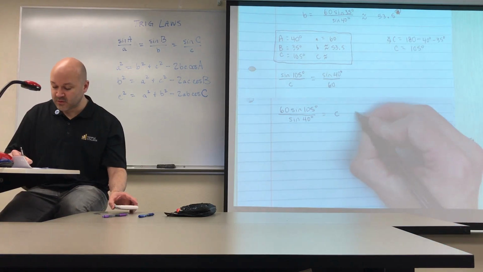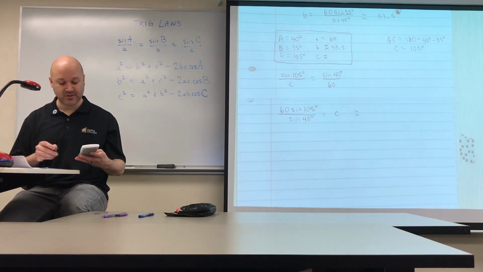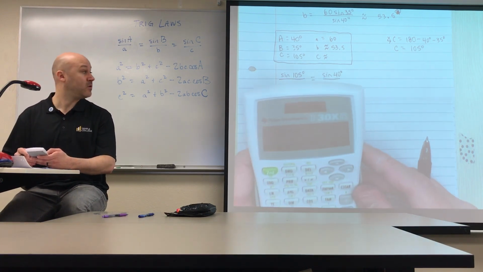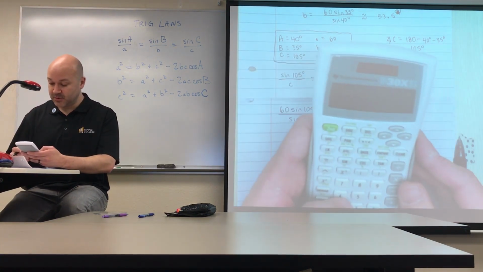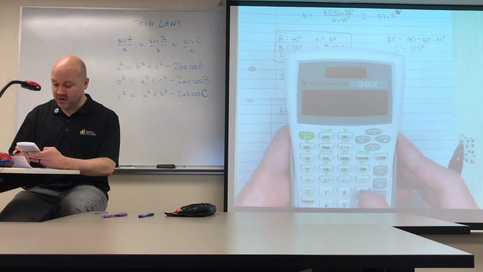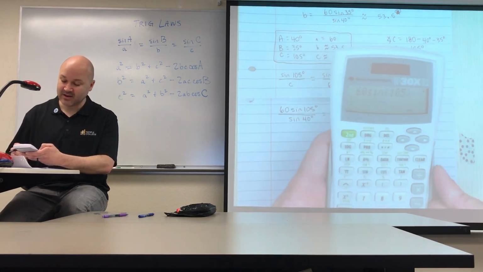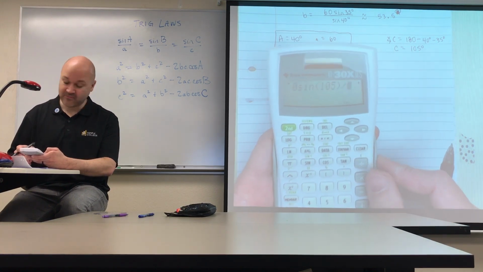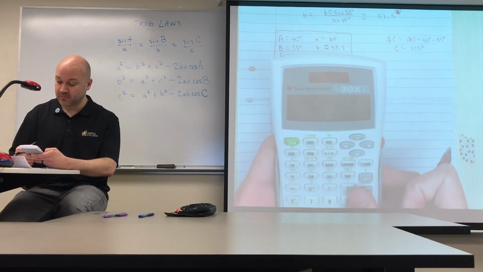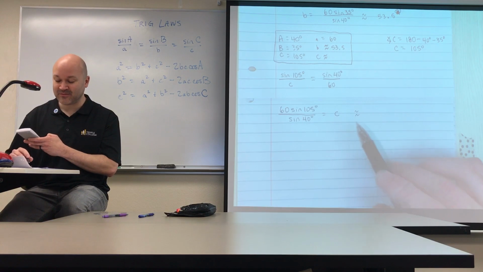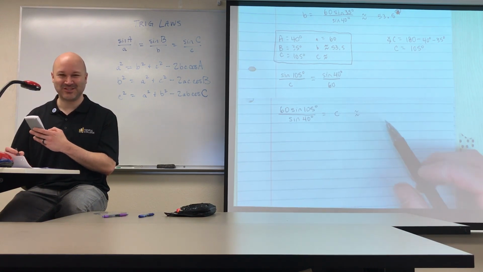So I'm going to throw this into a calculator just to get a decimal approximation. I know the glare is not good here. But I'm going to do 60 times sine of 105 degrees, and then divide by sine of 40 degrees. I'm solving for c, so not a degree. This is just some unit of measuring.